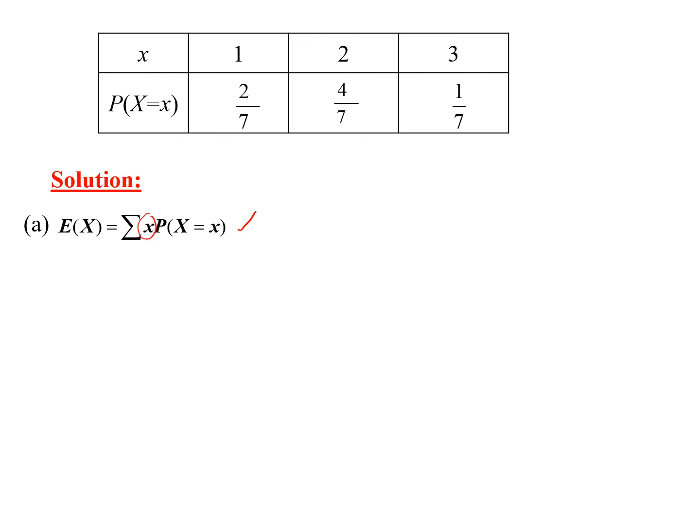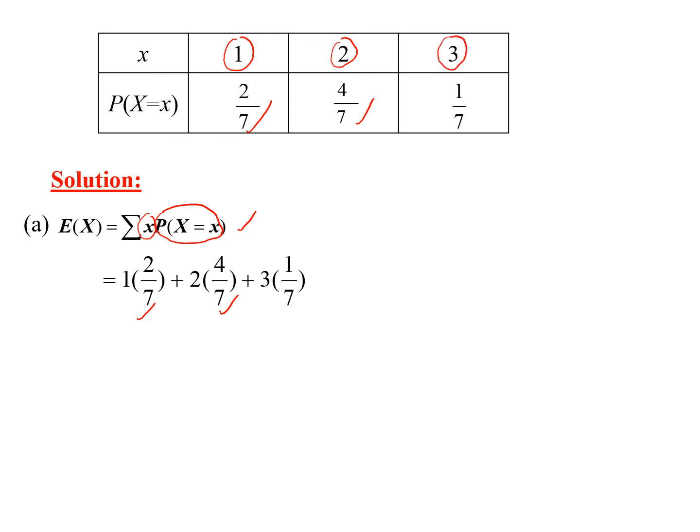When x equals 1, the probability is 2 over 7 for the first term. When x equals 2, the probability is 4 over 7 for the second term. And when x equals 3, times the probability that is 1 over 7, then our summation will give us the value 13 over 7.